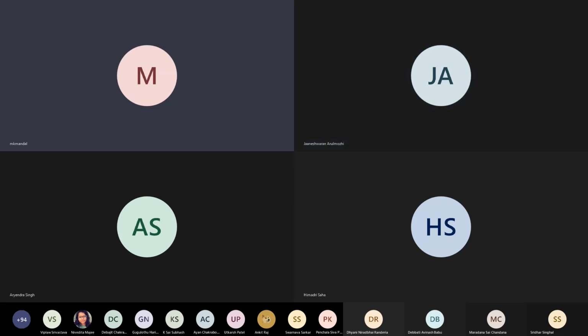Okay, let me share the slide first. In this example, let's say you are changing the load. It depends on the application, it can be anything.